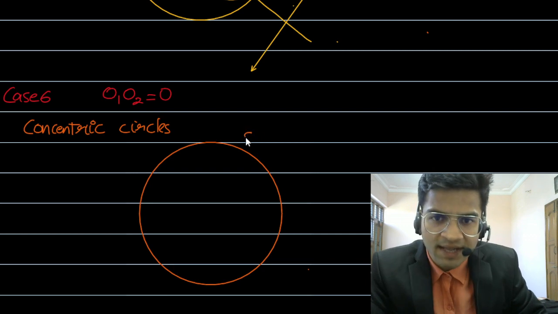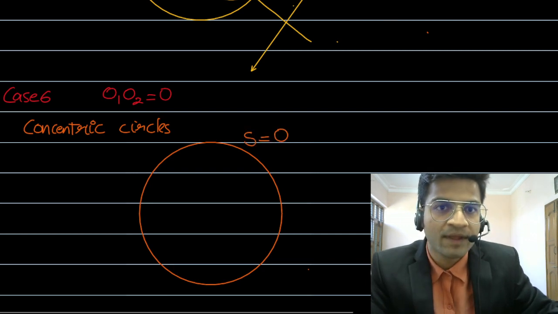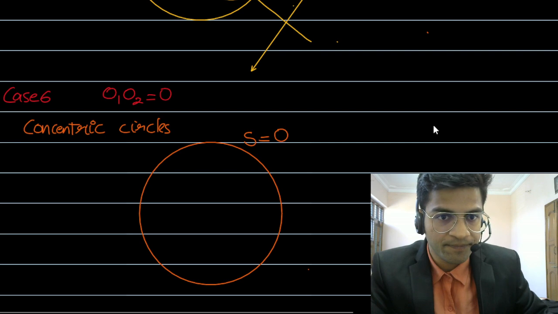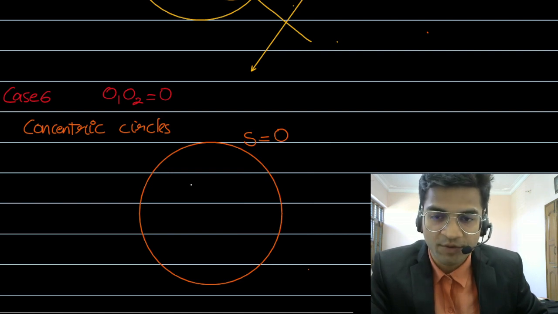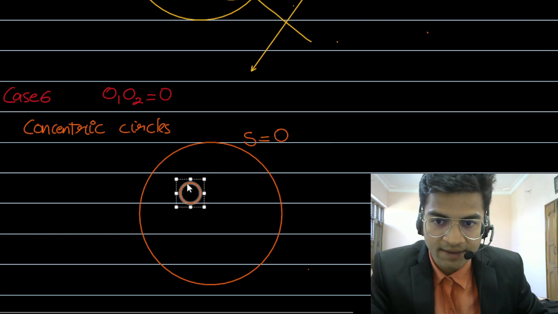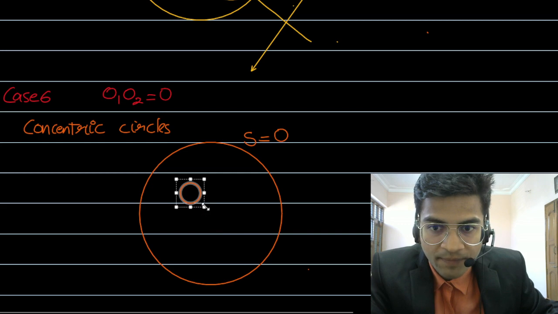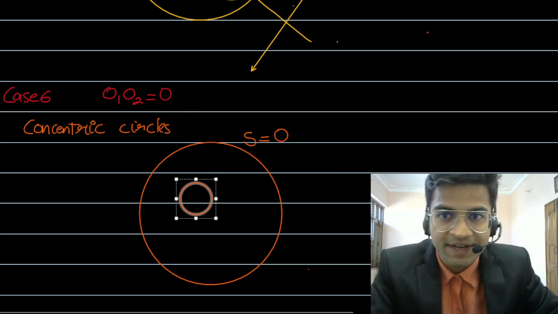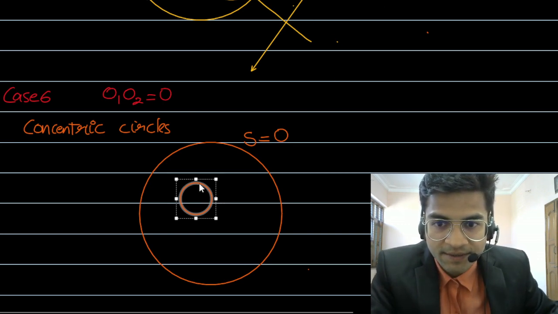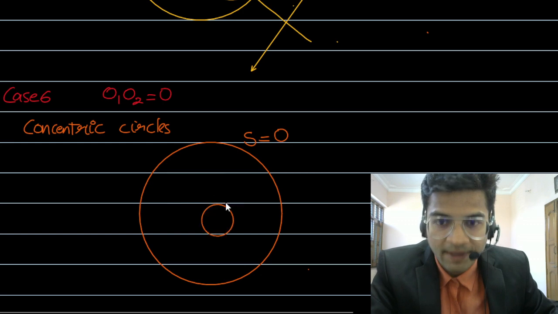Let us say this is circle S equal to 0, and there is one more circle S dash equal to 0 lying inside. Let us make the figure again.